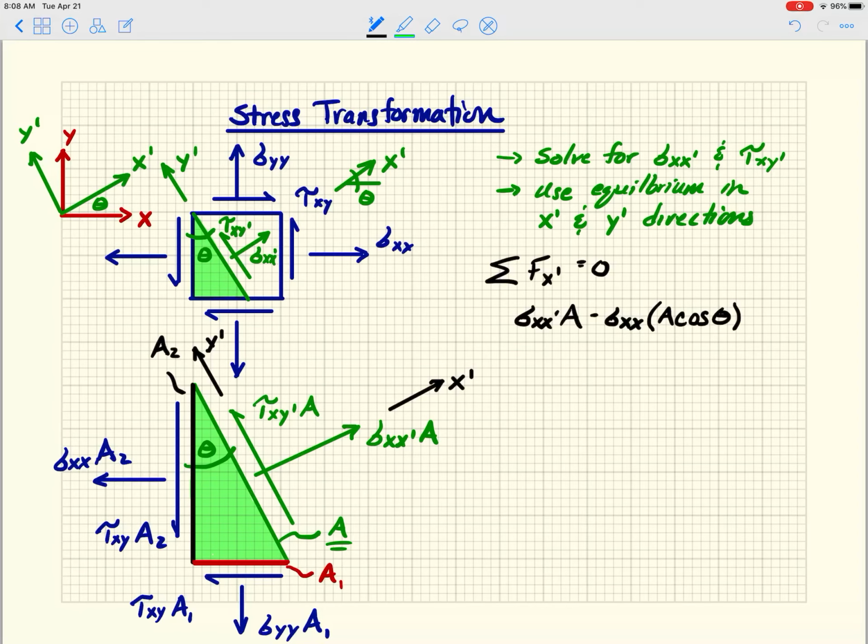So A times cosine theta is the same as A2, and I can write it here. So that is A2, and then this is cosine theta, this is for the direction.